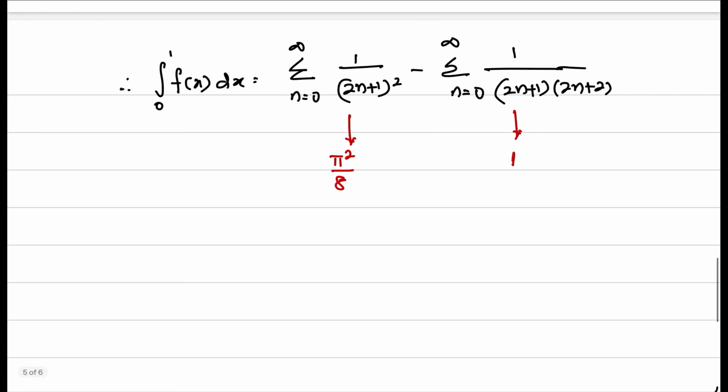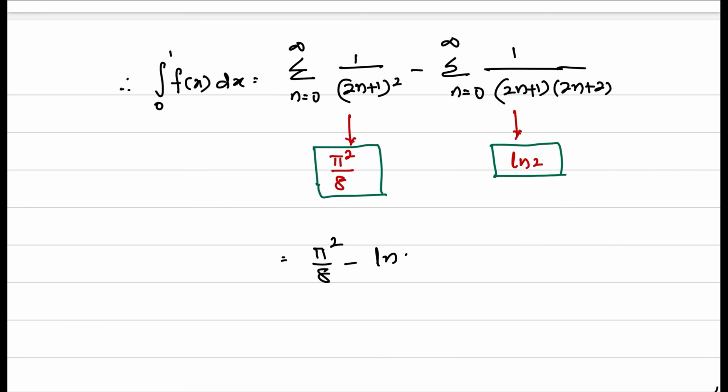This is ln2. These two are already proved in my previous lecture on sequence and series. Hence the value is equal to pi square by 8 minus ln2.